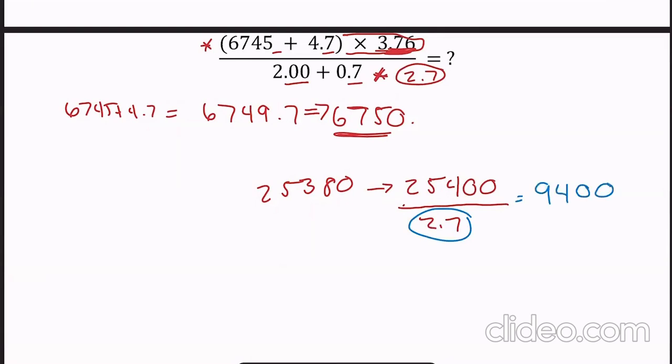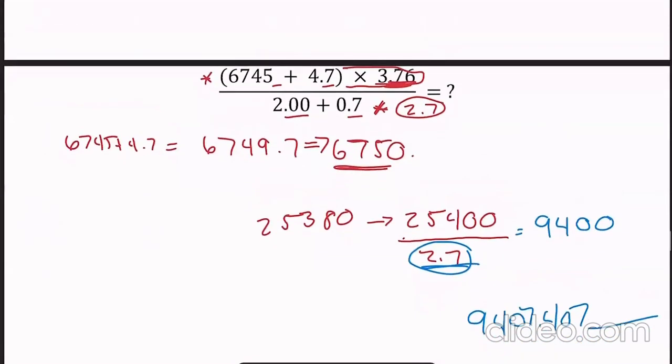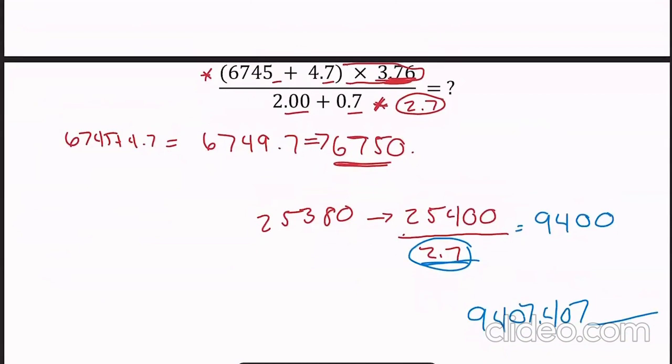But my calculator said this, 9407.407, repeating. But I have to round it to 2 significant figures, right? So we keep these rules in place, apply multiplication division when you have it, apply addition and subtraction when you have it throughout your calculation.